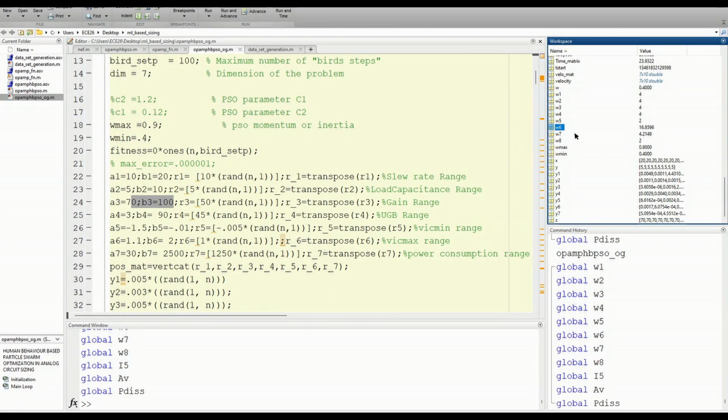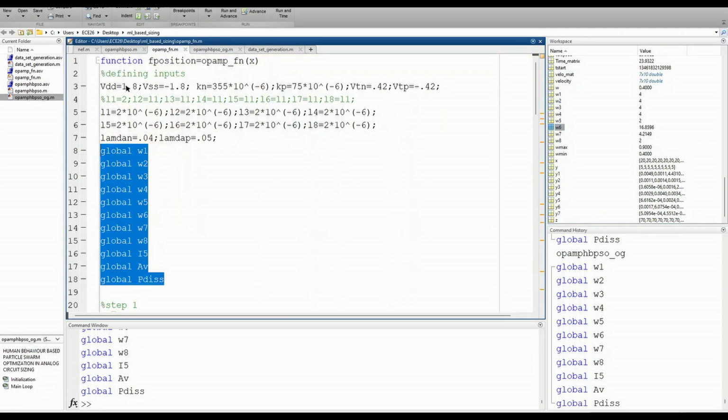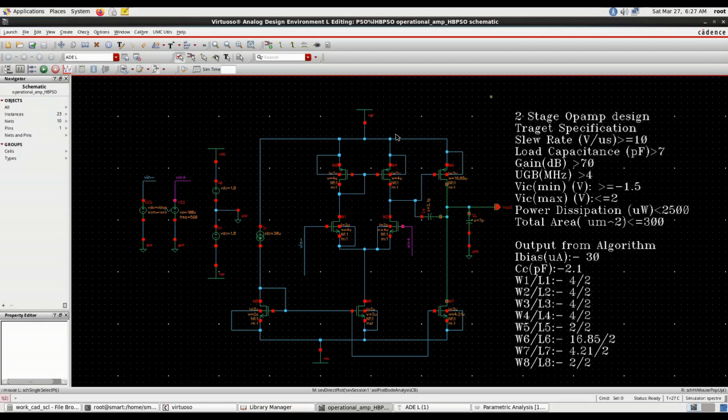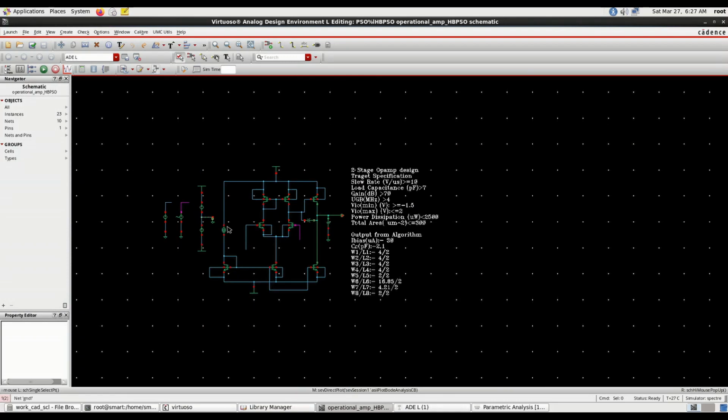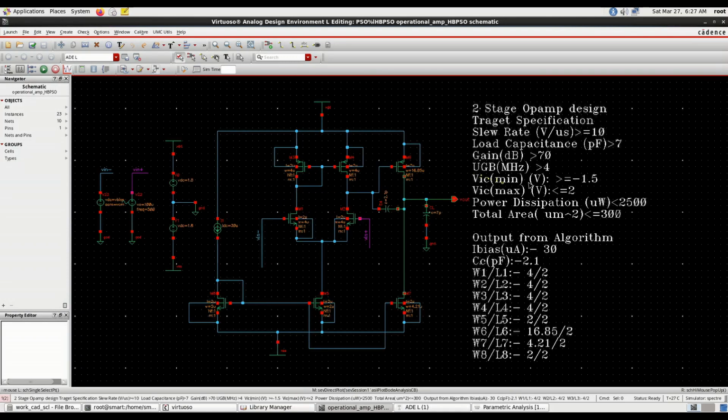You can see all the parameters are written from this variable values, and in the objective function you can also verify the maximum 1.8 volt and minus 1.8 volt. I have just designed this circuit with power supply 1.8 volt to minus 1.8 volt. So in this way I have designed it, and let's do AC analysis.